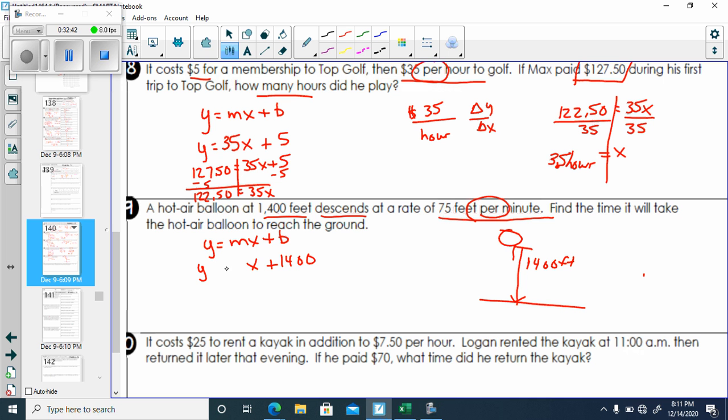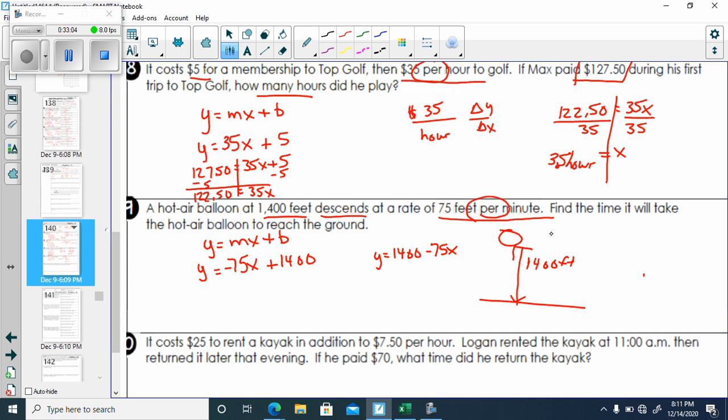That means it's going down 75 feet per minute, okay? This is another one of these that I could also write this way because I'm starting at 1,400 feet. I'm going down 75 feet per minute times the number of minutes, right? You could write it either direction. You get the same answer.